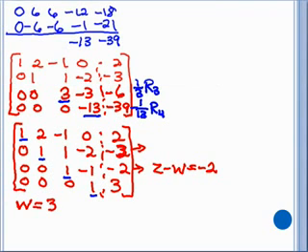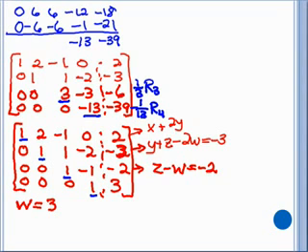The equation that goes with row 2 is going to be Y plus Z minus 2W equals negative 3. And our top equation is X plus 2Y minus Z. And we have 0 W's, so this equals 2.